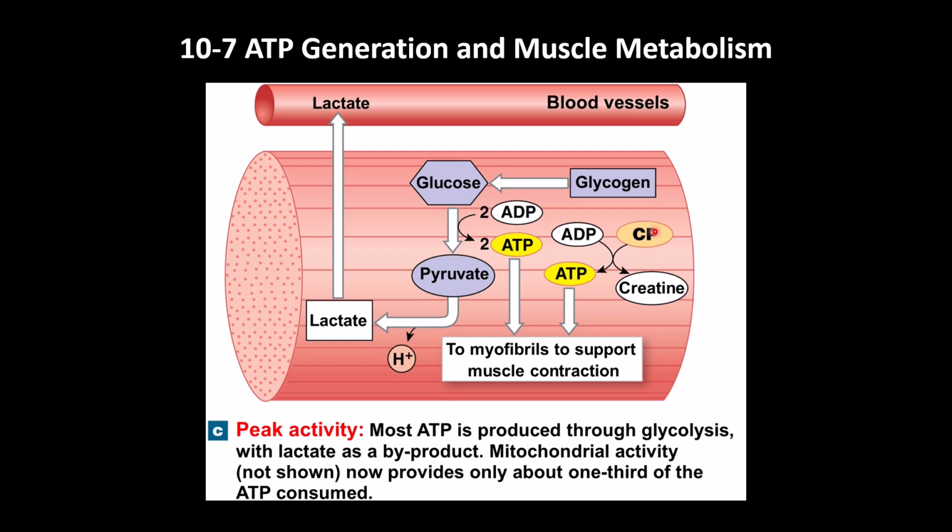Also, you can break down creatine phosphate, and you can produce some ATP there. But here the pyruvate will not enter mitochondria because there is not enough oxygen, and it will convert to lactate, and that makes everything acidic because of the production of hydrogen, and that lactate goes to the blood, so that will decrease blood pH.